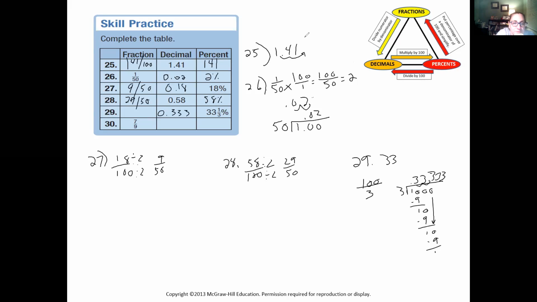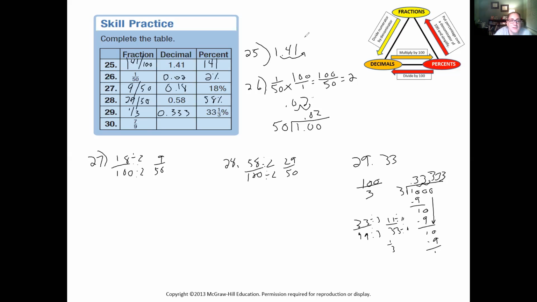Okay, and then that as a fraction would be, so it's repeating, so it would be 33 over 99, which equals 11 over 33 divided by 11 would be 1/3.